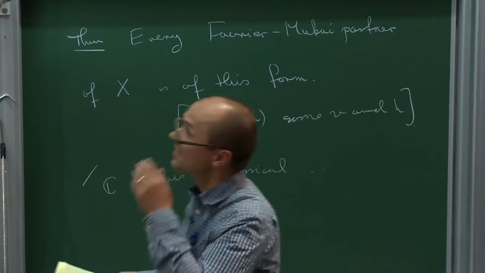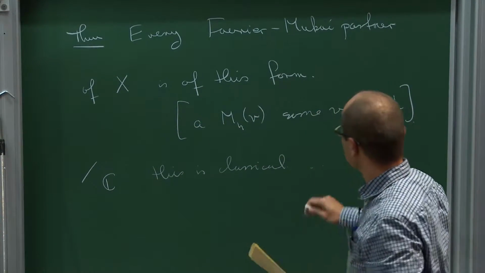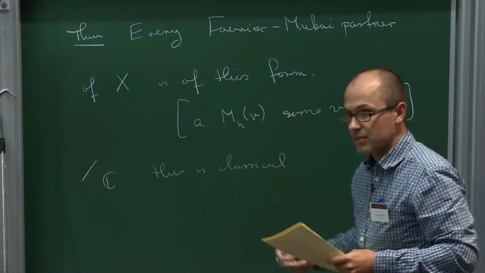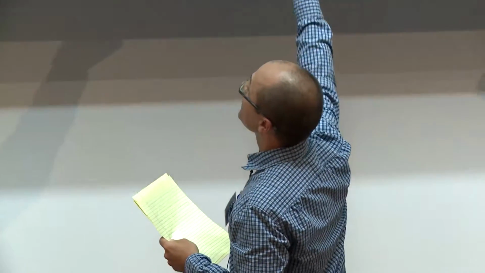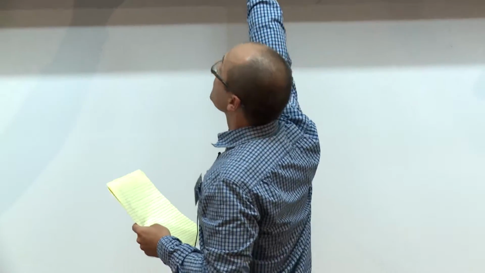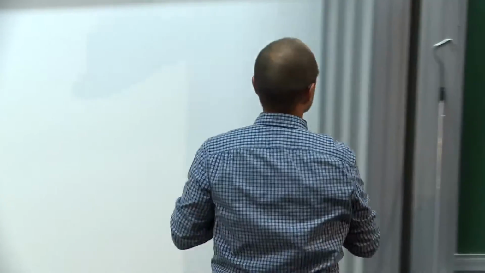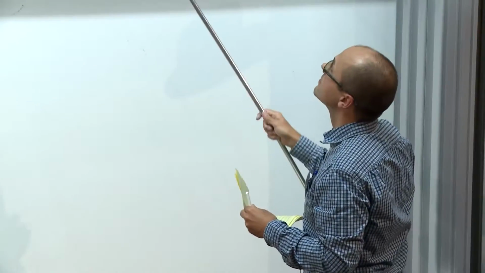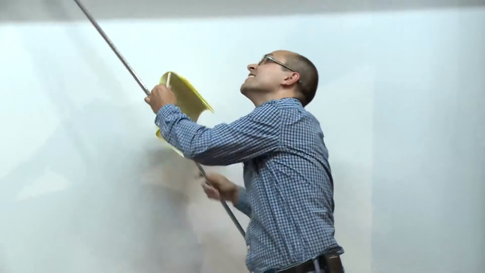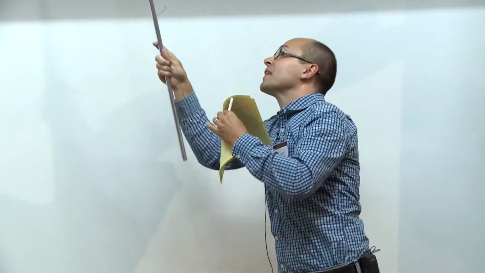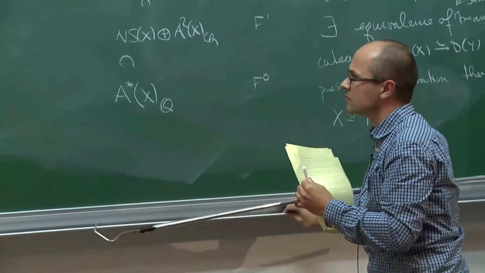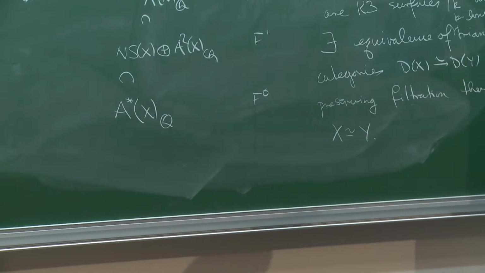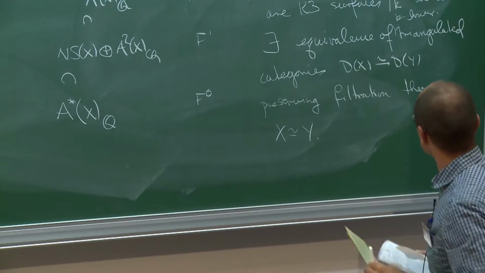But I want to sketch, in the spirit of these minus two curves, how I view this in relation to the filtered result. So that's by the following proposition.